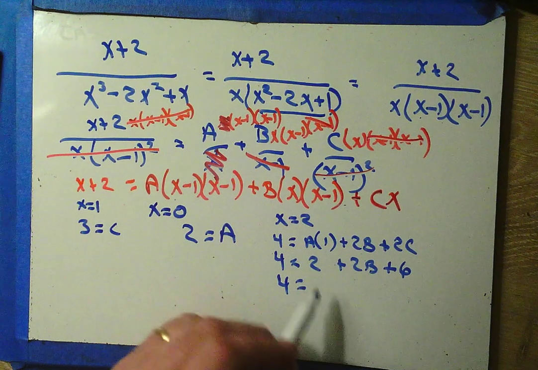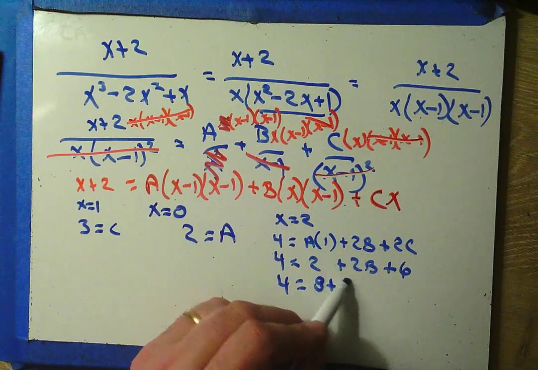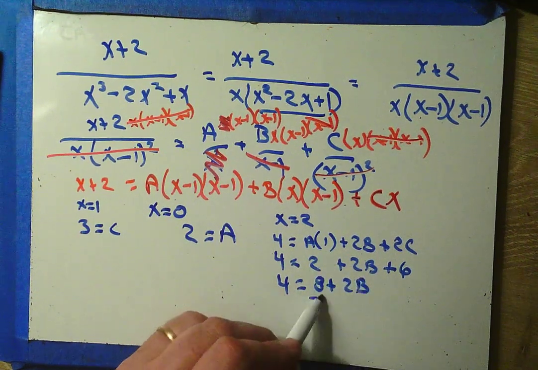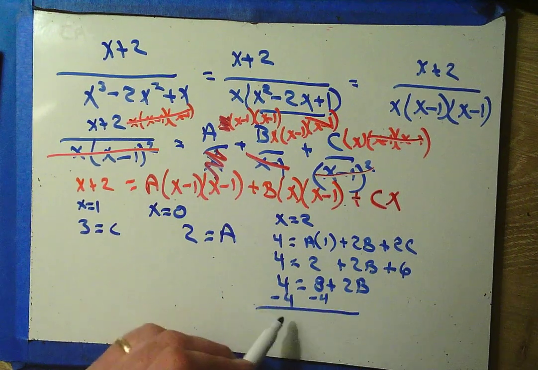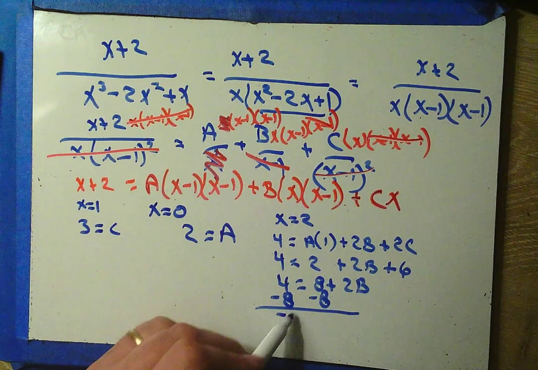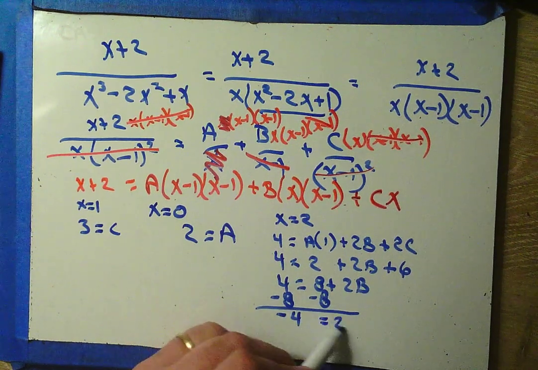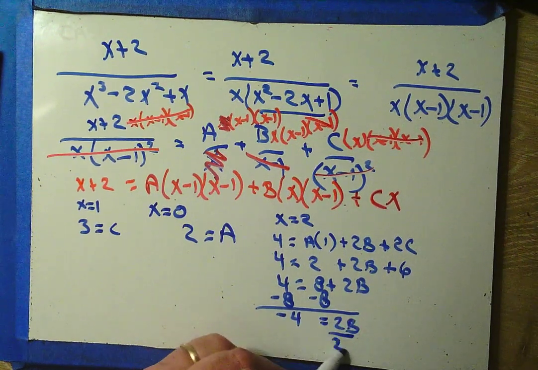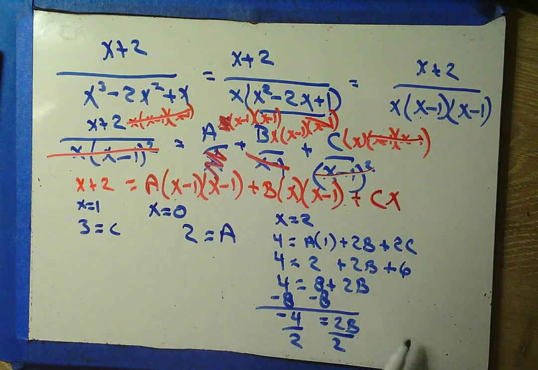I get 4 equals 8 plus 2b. Subtract 8 from both sides and get negative 4 equals 2b. So when we divide both sides by 2, we get b equals negative 2.